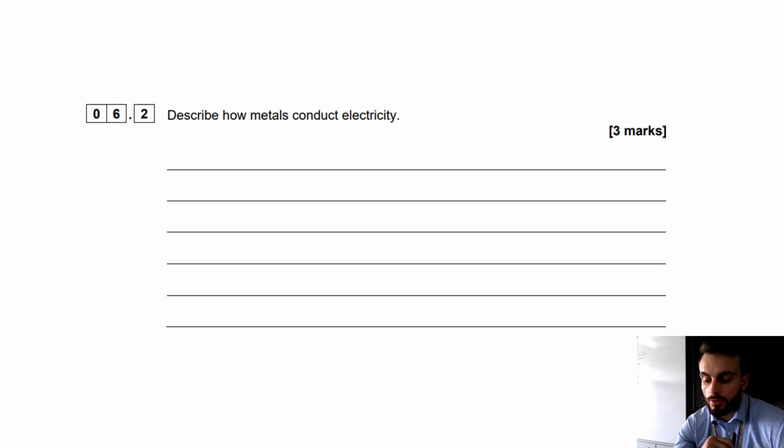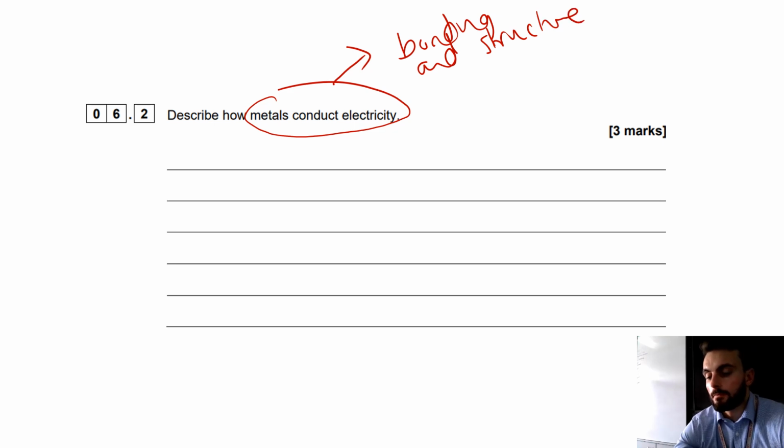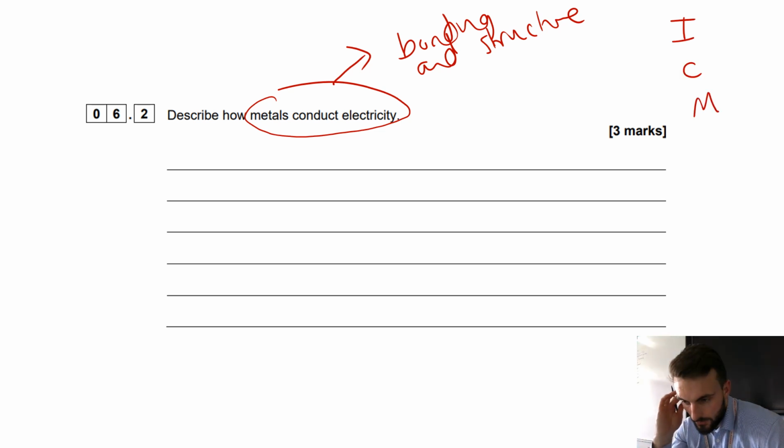Describe how metals conduct electricity. As soon as it says metals and conducting electricity, immediately I'm thinking bonding and structure. You've got ionic, covalent, and metallic. We don't need to care about the other ones because it's metals, so it's metallic bonding.